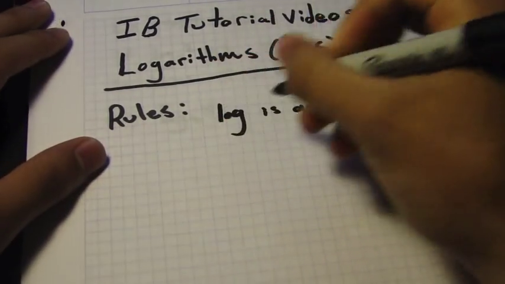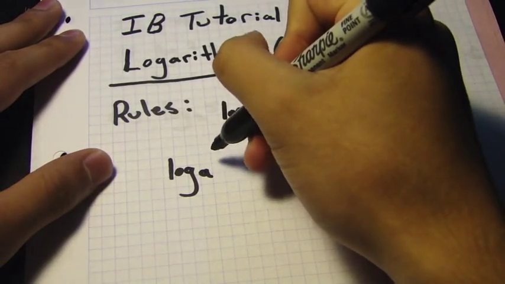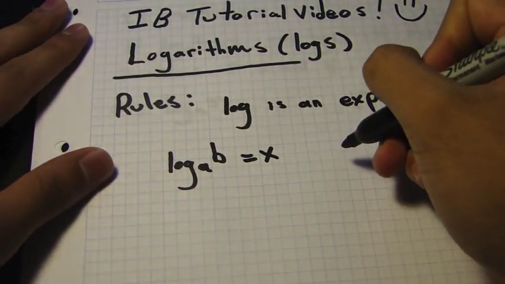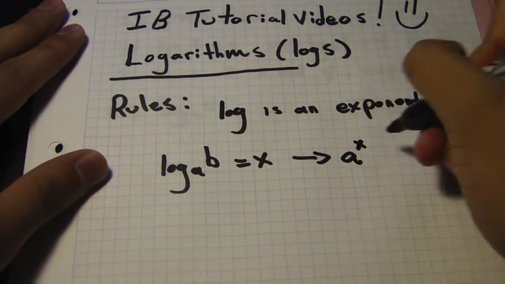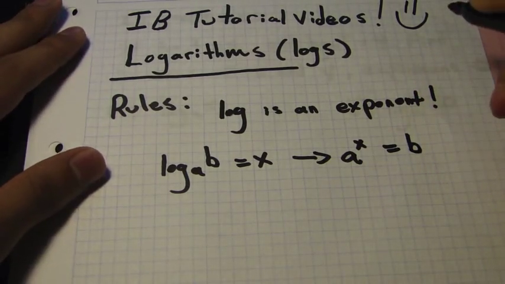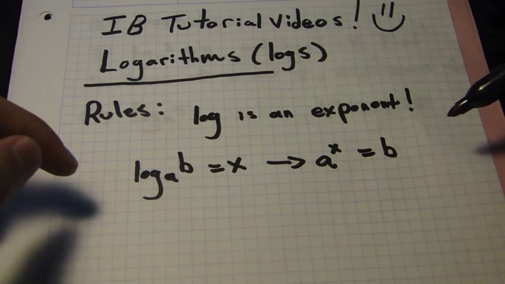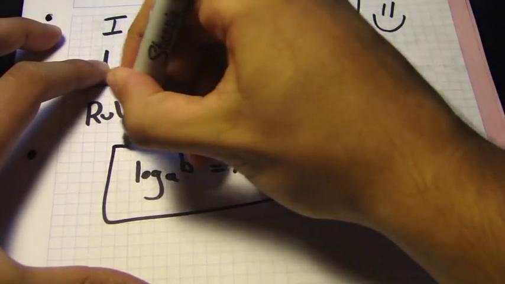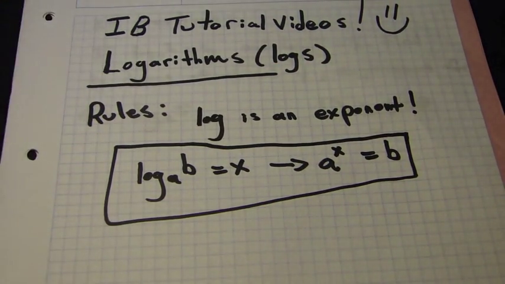What I mean by this is if you do log base a of b equals x, this can be written as a to the power x equals b. You need to know this because it's going to come up a lot. So just never forget this. Keep this in mind at all times because it's very important.